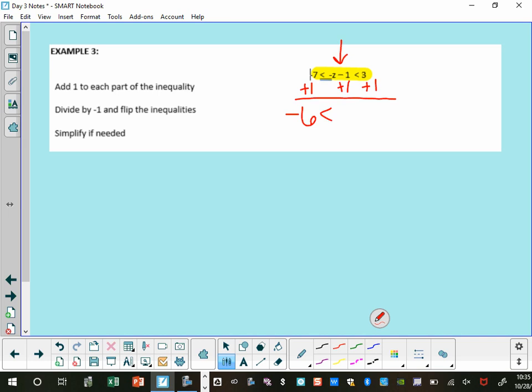I'm going to rewrite my sign. I'm left with -z in the middle. And then 3 plus 1 is 4. Now, I don't have z by itself. What do I do to get rid of this negative? Good. We're going to divide by -1 on all sides.